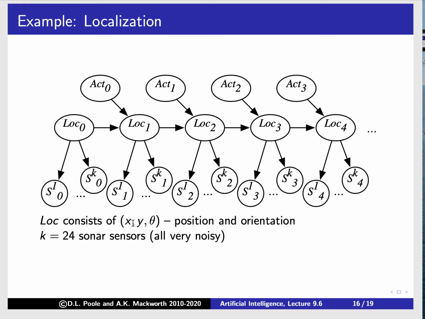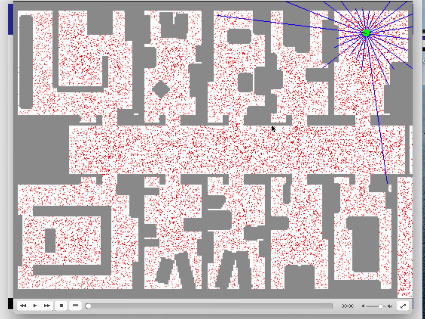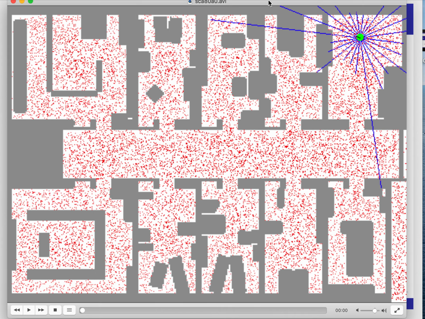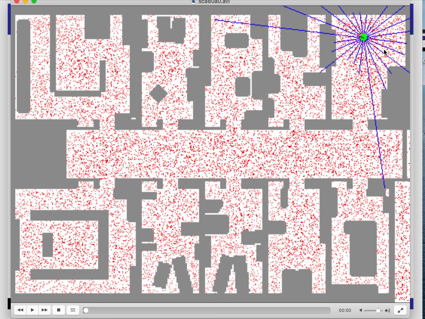And in the example we're going to look at, there are 24 sonar sensors, all very noisy. So here is a domain where the robot is here, this green dot, and the orientation is given by that little arrow.